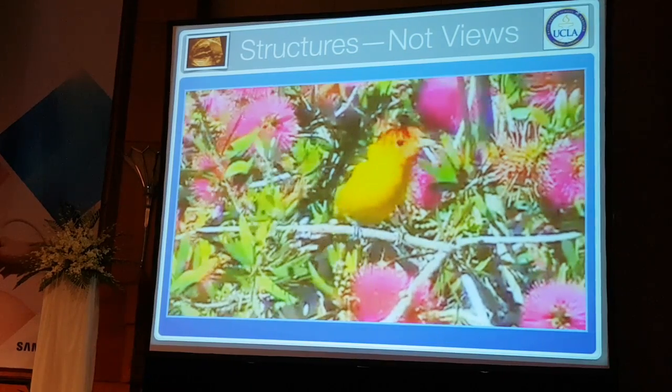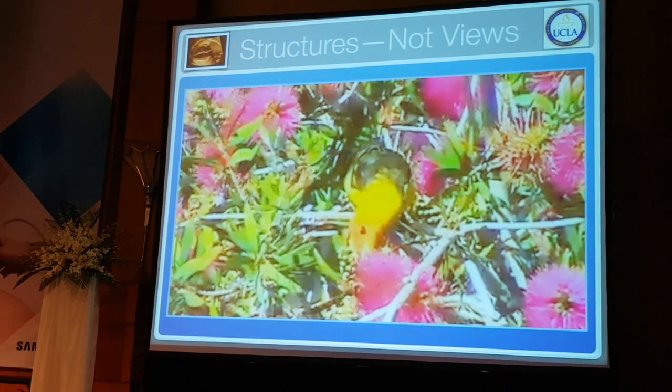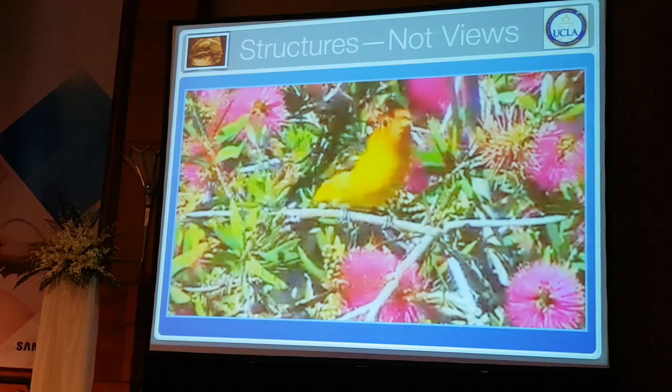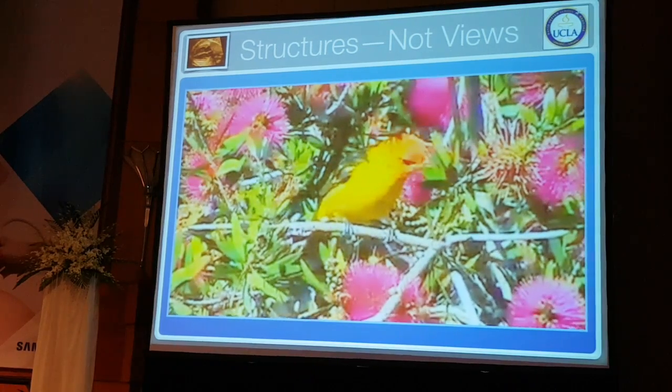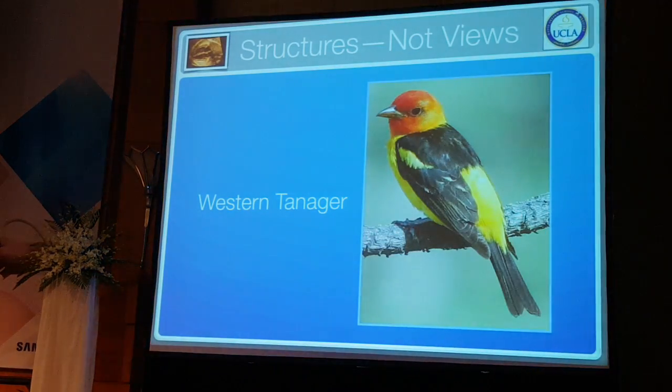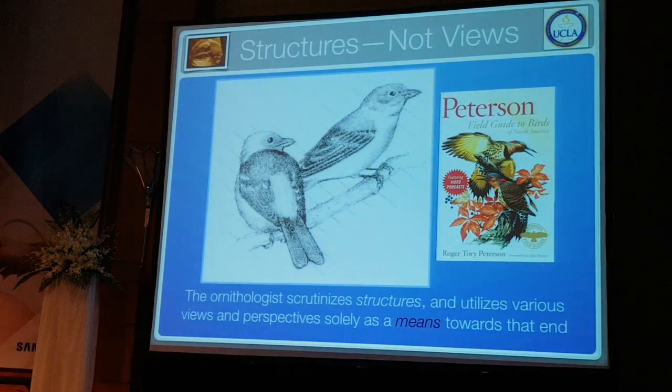So how do you figure out what type of bird this is? You're looking at the bird, and I don't know if any of you know this bird, but it's a western tanager. So if you're a bird watcher, how do you look at a bird? How do you figure out what kind of bird it is? The ornithologist is a bird watcher. Bird watchers look at structures and they use different views towards figuring out what kind of bird it is.